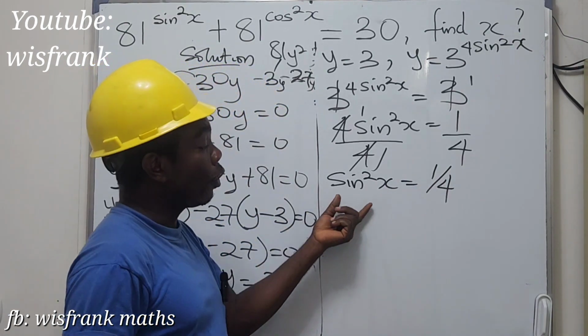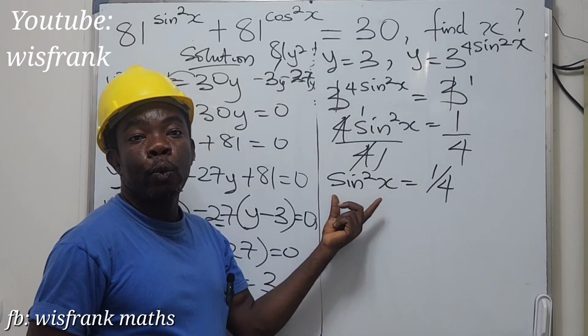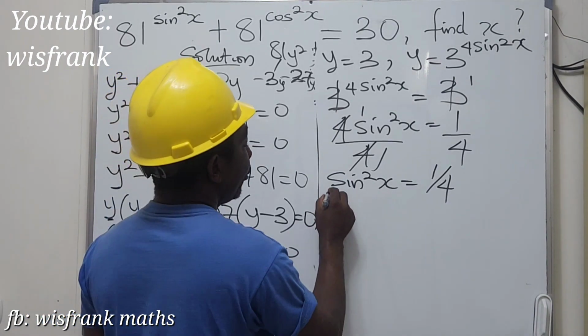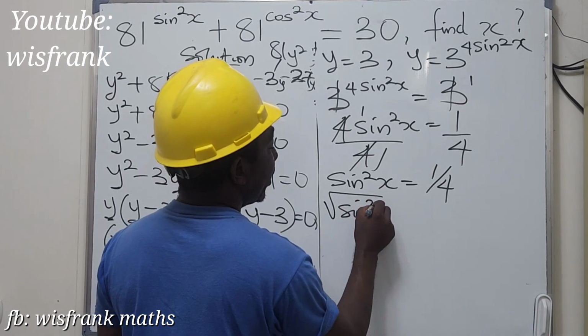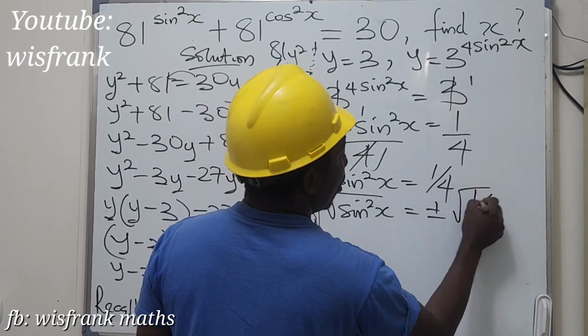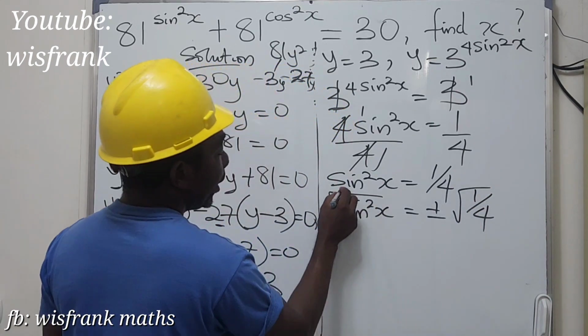For us to find sin x, we need to find the square root of both sides. So we have the square root of sin squared x equals plus or minus the square root of 1 over 4. Here this will cancel.